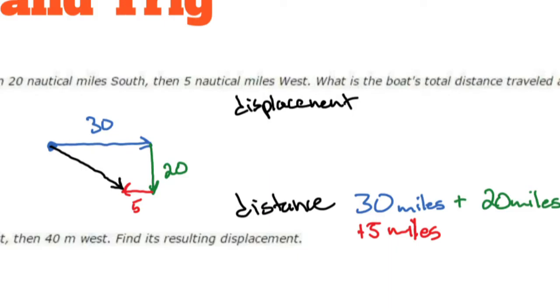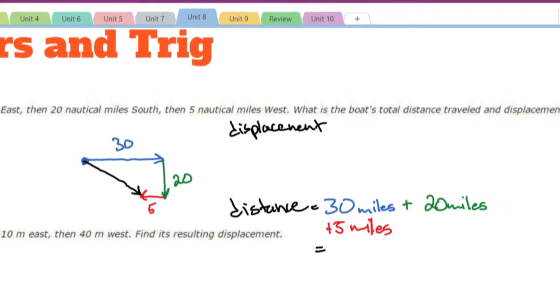Together those will give us our distance, which is equal to 30 plus 20 plus 5, which is 55 miles. All right, so that was the easy one. The tricky one now is the displacement. How far are we from where we started?